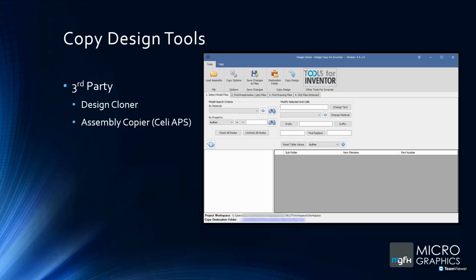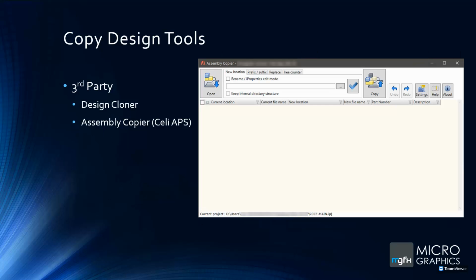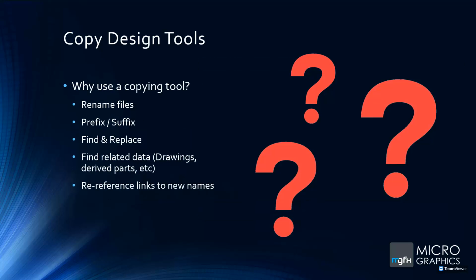Part of that software is this assembly copier, which they're also now selling as a separate piece of software. And it's a very similar process. You open up your assembly, you're able to rename your files. Much of the similar information as what I've already covered with the previous tools on here. So those are just two of the third-party applications that are available.